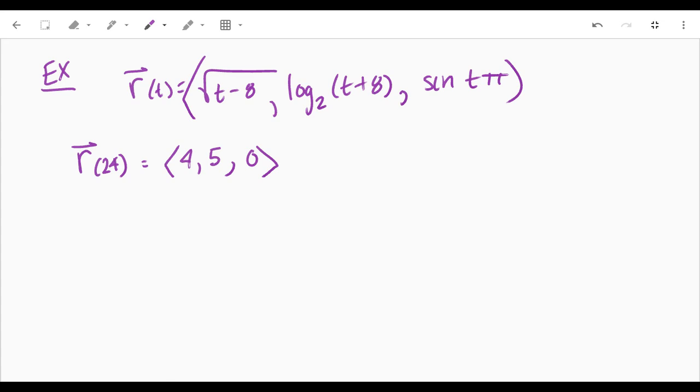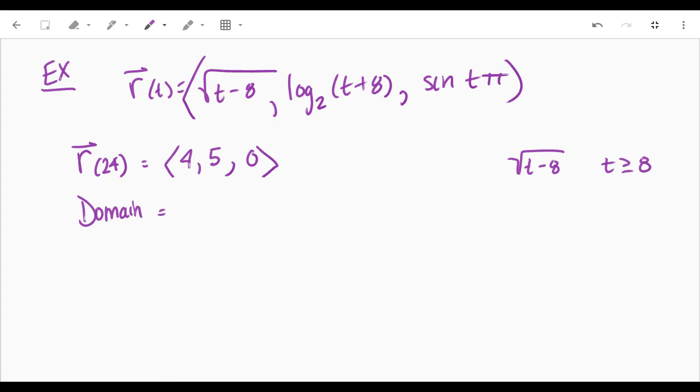We can get the domain of a vector function. In this case, you got to think about each function separately. So for the square root of t minus 8, we would have to have 8 or greater for t.